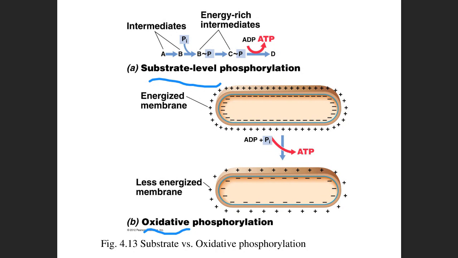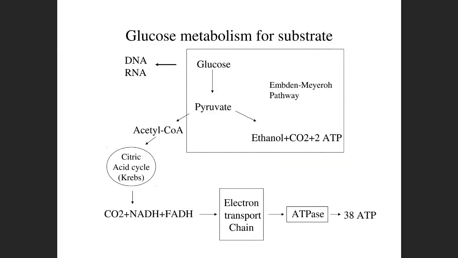Okay, so now we know glucose can be used to generate ATP. But remember earlier I said I used my cup as an analogy of bacteria, a solid phase bacteria, and everything floats, right?